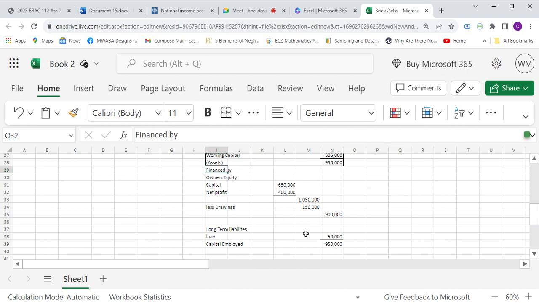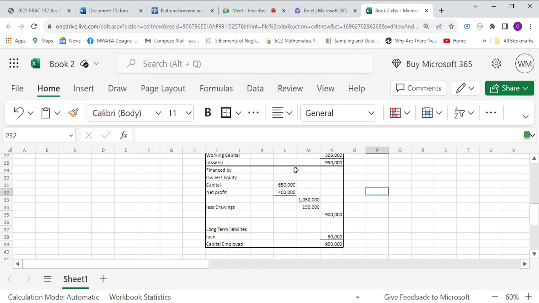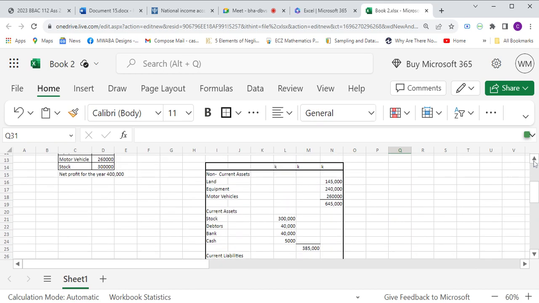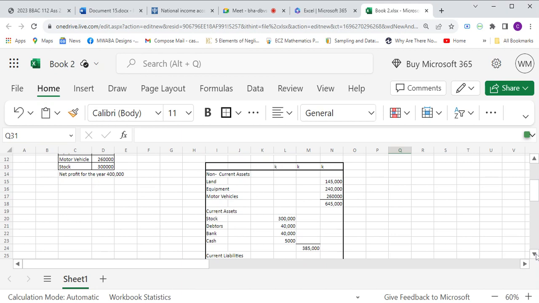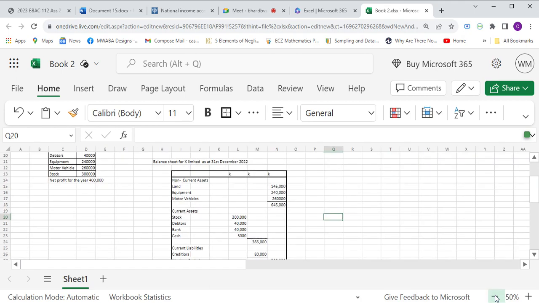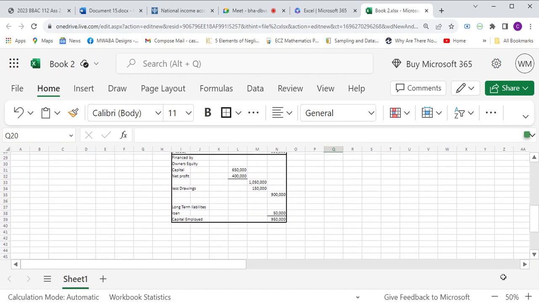Any questions? No, they always have to give you net profit. It would be wrong if they don't give you net profit. Because remember, what is the purpose of the statement of profit or loss?